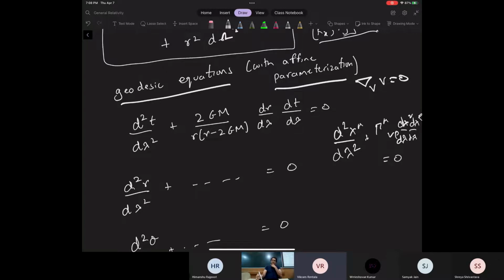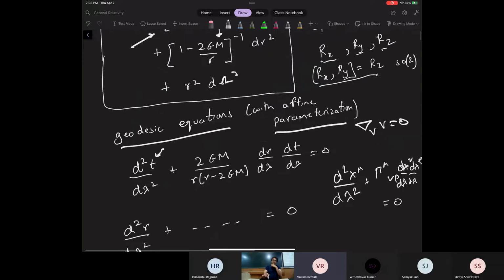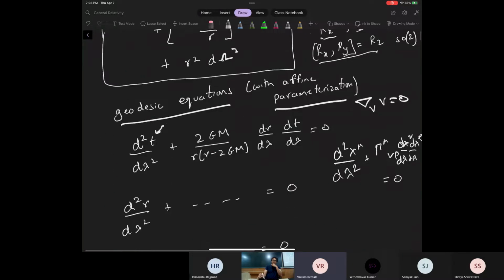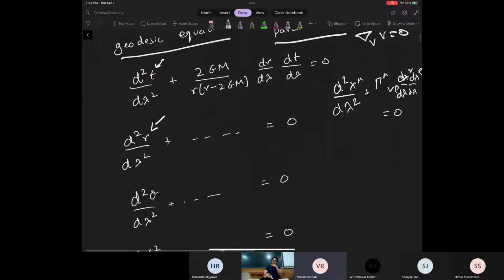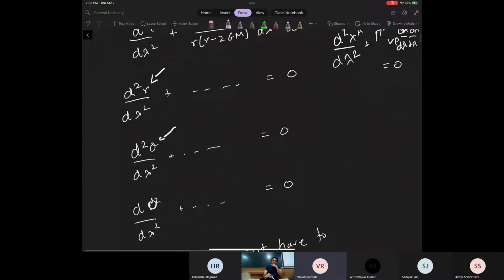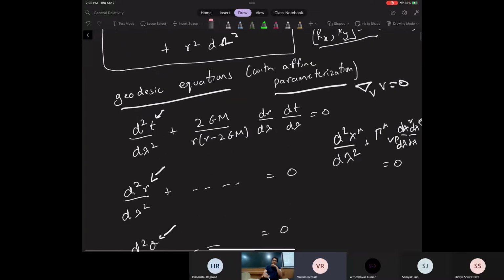And so x0 is t. In our coordinates, x0 is t, x1 is r, x2 is theta, x3 is phi. So you have these four coordinates, and you have some geodesic equation. I've written down the first one.